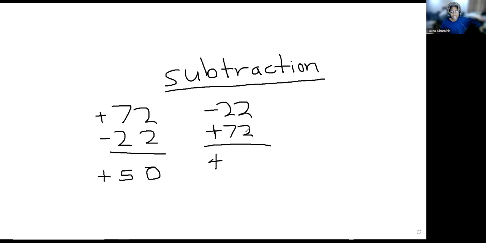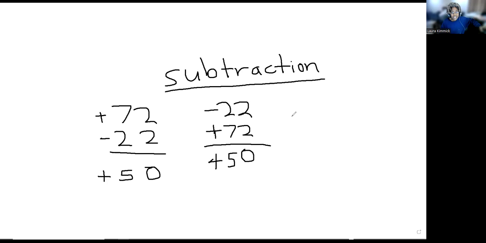All right. Okay, so 72 minus 22 will be 2 minus 2 is 0. It'll still be 50. But it'll come out different if we do it another way.